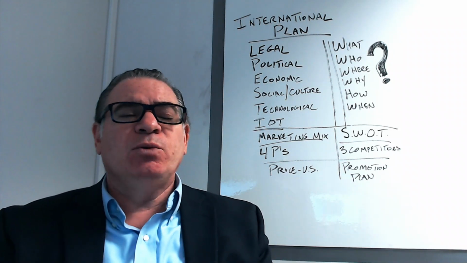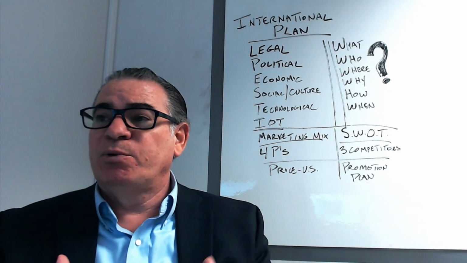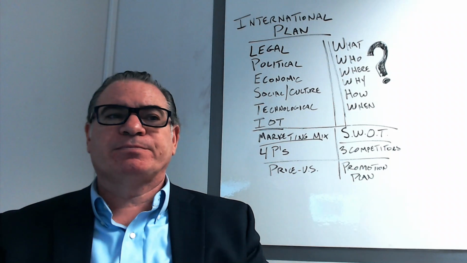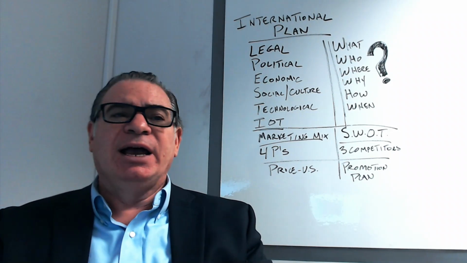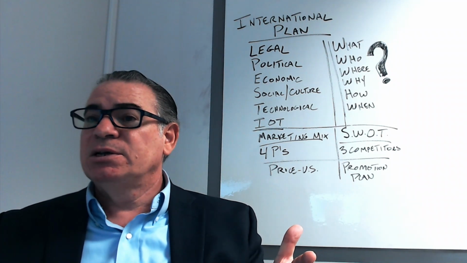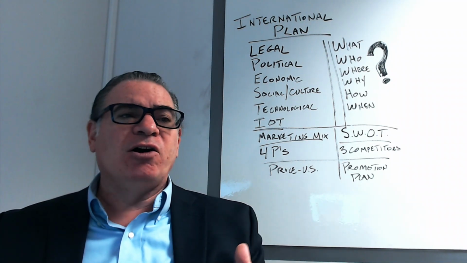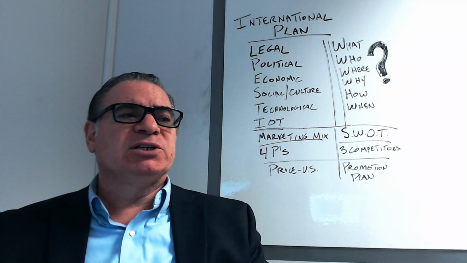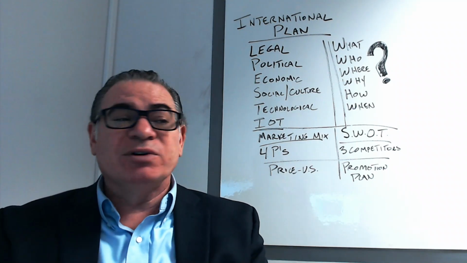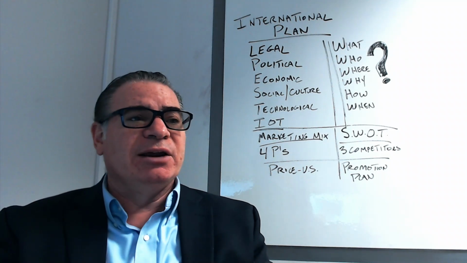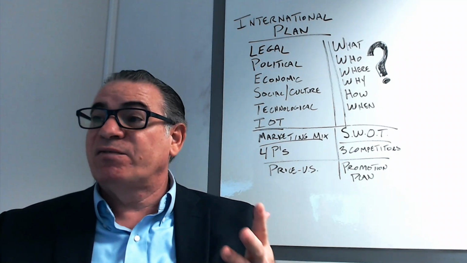So let's say you want to go into the U.S. You're bringing the product into the U.S. Should you start by saying, well, I want to bring this product into the U.S. and I want to target all the U.S.? That would be a hard thing to accomplish. So you should start geographically with a state or a city and then start in that area and then grow the business out from there, right?